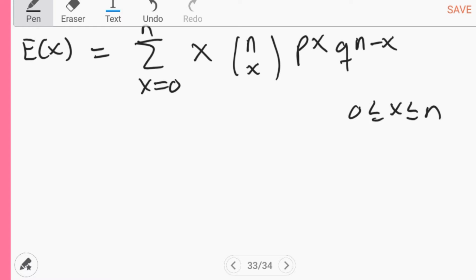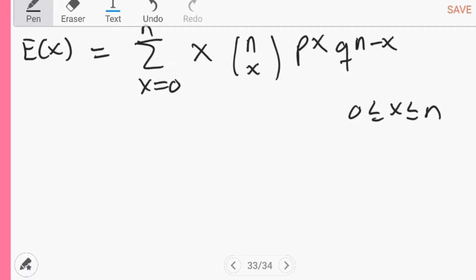Recall that in the absence of x, so let's assume this x was not there, we could have used the binomial expansion theorem to say that the summation from 0 to n of n choose x, p to the power x, q to the power n minus x is equal to 1. But because of the presence of x, we can't just go ahead and use the binomial expansion theorem.